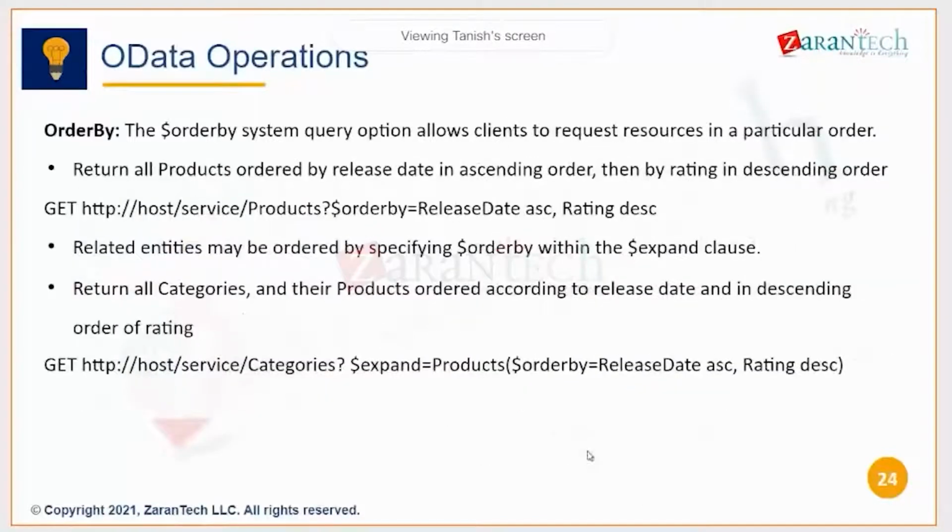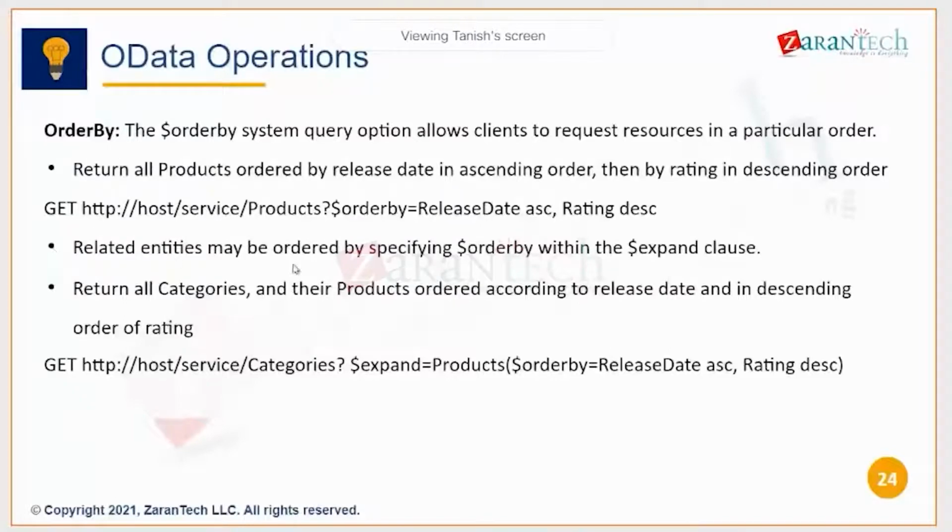Order by. This is basically for sorting, right? The order by system query option allows the clients to request resources in a particular order. For example, for numbering or for alphabetical ordering, you can use this order by. Here in this get query that you see here, the products are ordered by release date, and based on the rating description they are ordered.